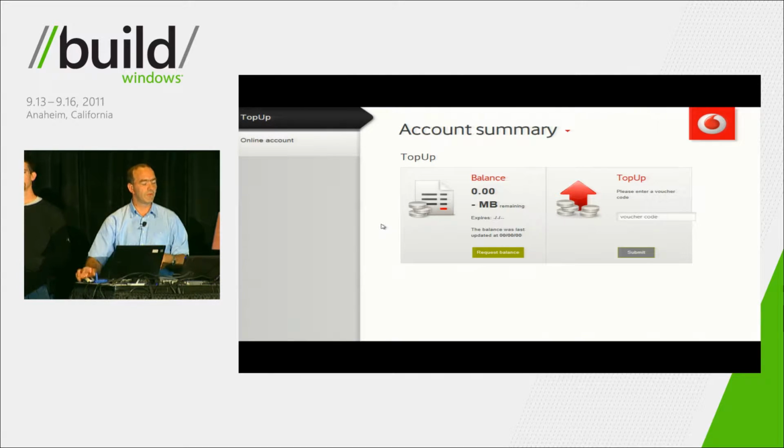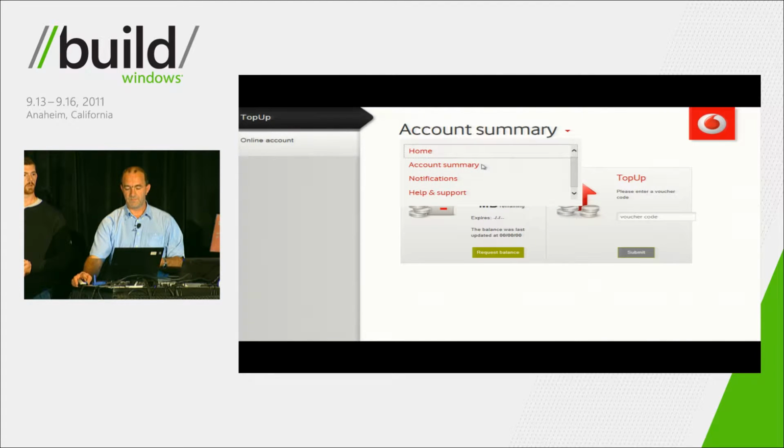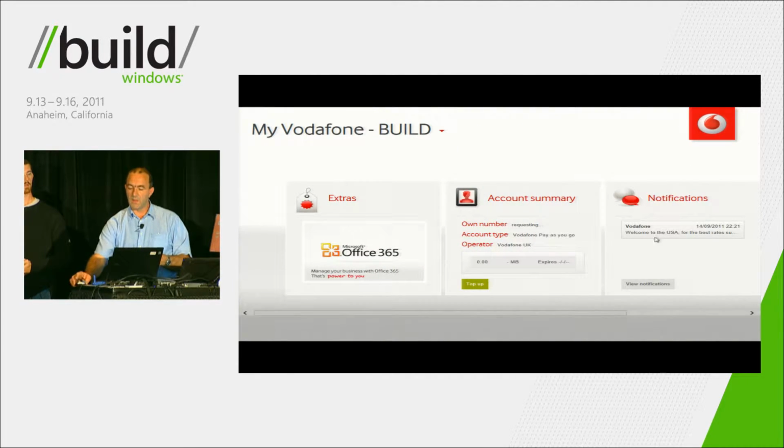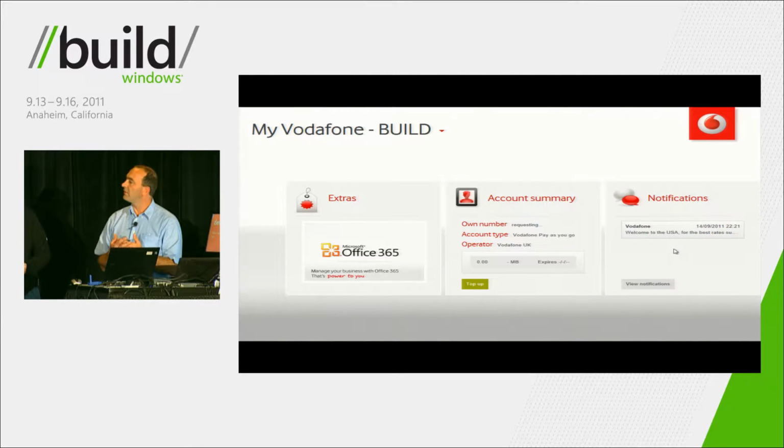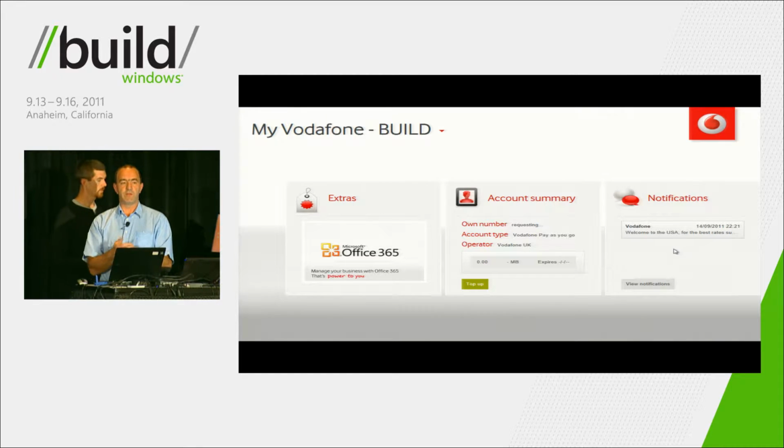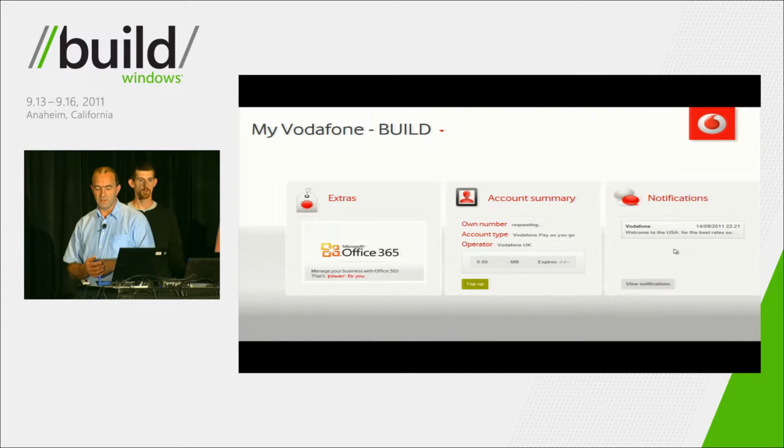You'd have an online service or whatever. Notifications, so be able to display this back to the customer. We actually use the notification framework, and hopefully when this machine comes back, we can show you that.